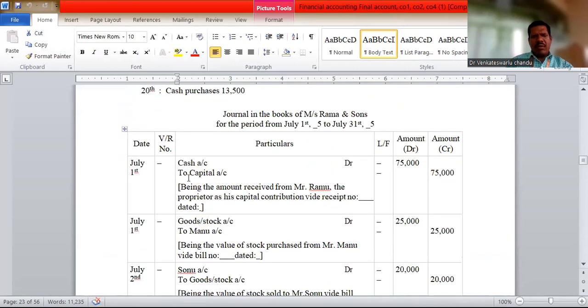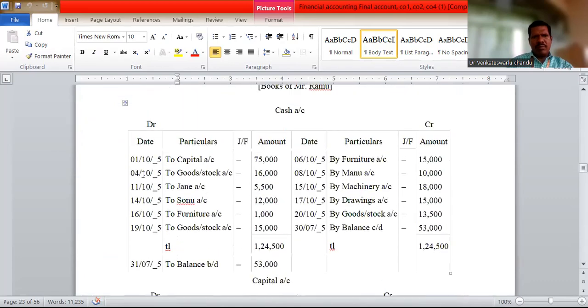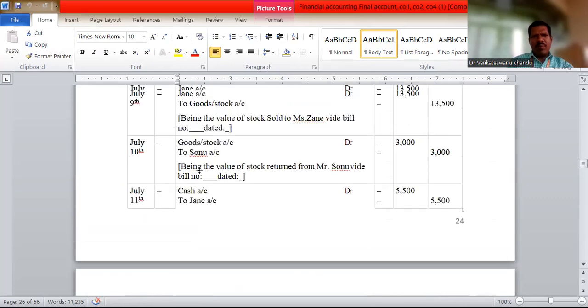Like cash account debit to capital account, cash is on the debit side. We use the term capital account, 75,000, 1st July. So in the cash account, to capital account 75,000.